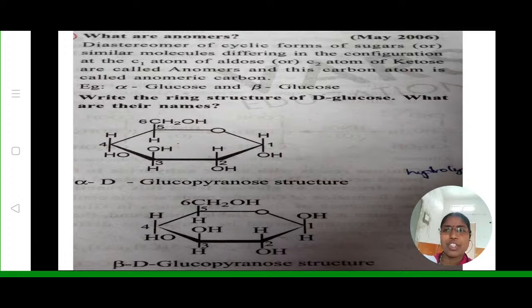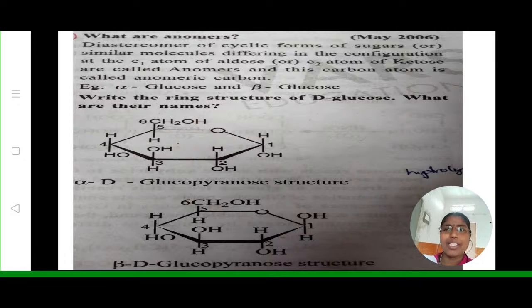For example, in glucose the aldehyde group is present at the C1 carbon, and in fructose a ketone group is present at the C2 carbon. So aldehyde and ketone forms are the anomers.